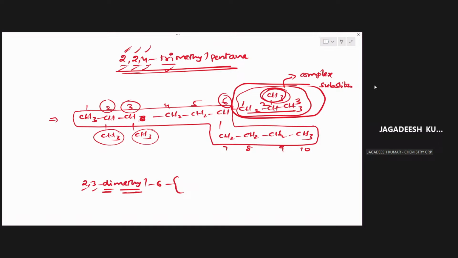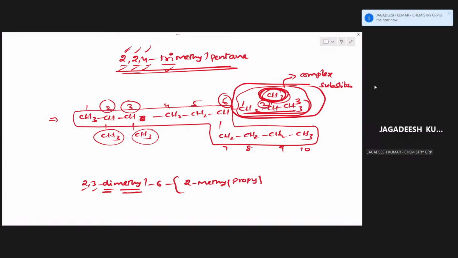Internally in the complex substituent, there are again 3 carbons in the straight chain. In the second carbon, again a substituent is there. What is the second carbon having? Methyl. Second carbon has a methyl, and this chain contains how many carbons? 3 carbons. So we have to take propyl, because it is also a substituent.